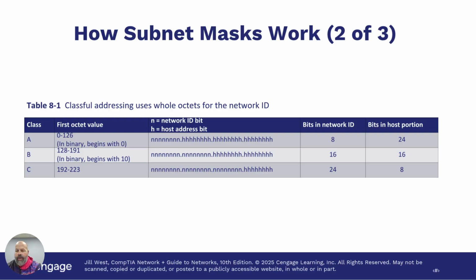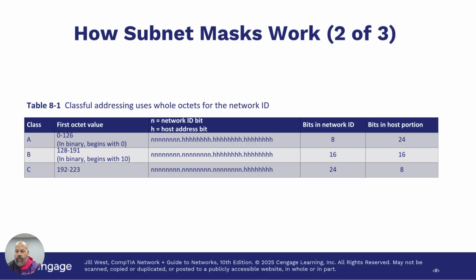So traditionally, IP addresses came in classes like economy, business, and first class, but for networks. Class A addresses start with 0 to 126 in the first octet and gave you 8 bits for the network, 24 for hosts, which are millions and millions of possible devices.